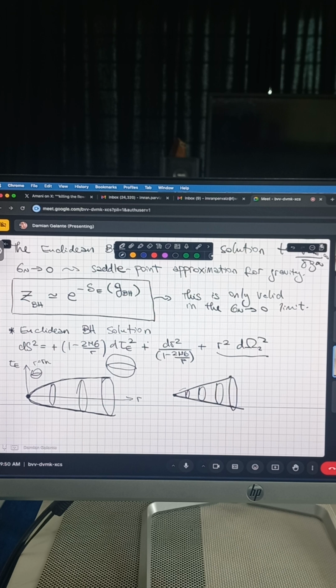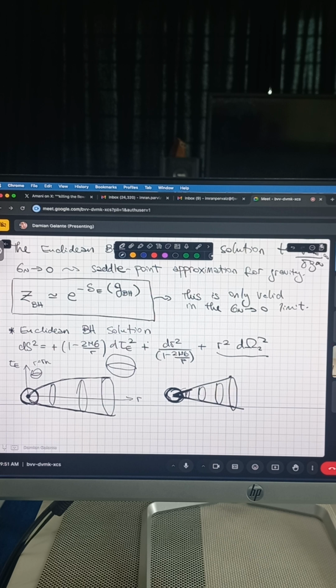And the difference between these two is what's happening very close to the horizon. So I will now spend a little bit of time trying to convince you that in order to have a smooth manifold, we will need the period of tau to be very particular, in order to avoid problems that might come from being non-smooth close to the position of the horizon, which now is just one point.